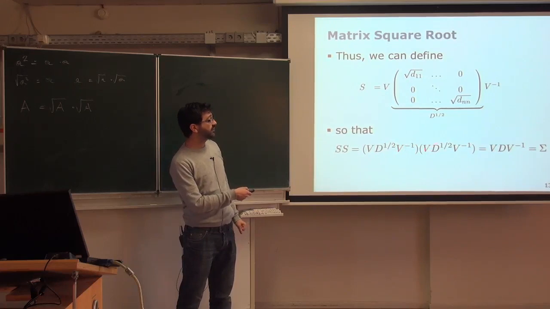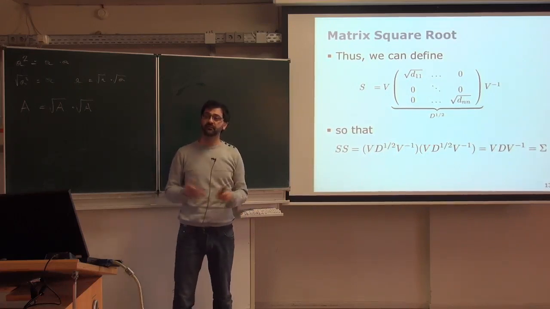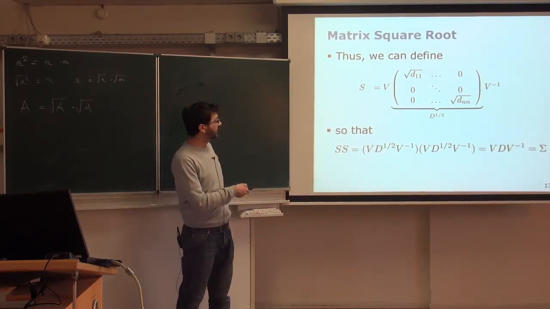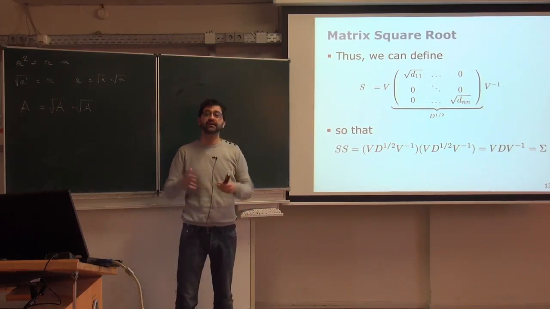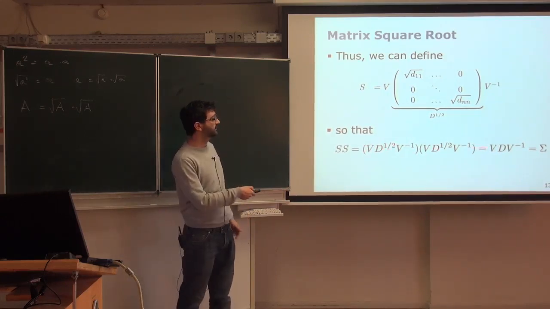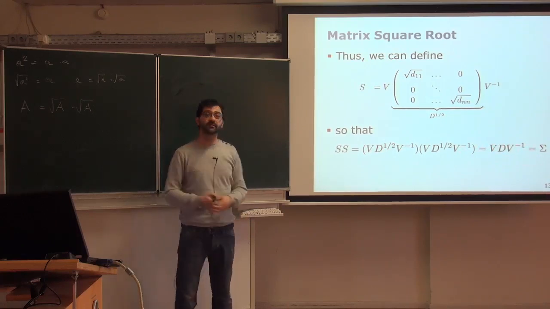Now we have V minus 1 times V. They simplify, so it gets an identity matrix. And we get the square root of the diagonal times the square root of the diagonal. It gets to the diagonal matrix again. So we then have V, D, V minus 1, which is exactly how we defined sigma before.